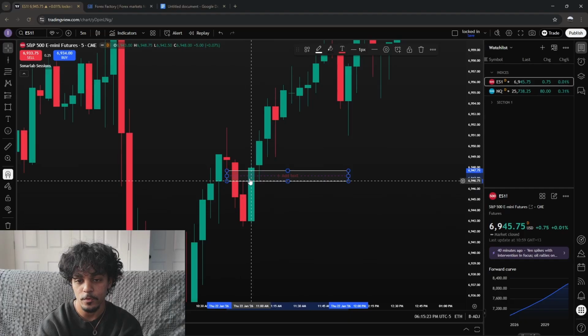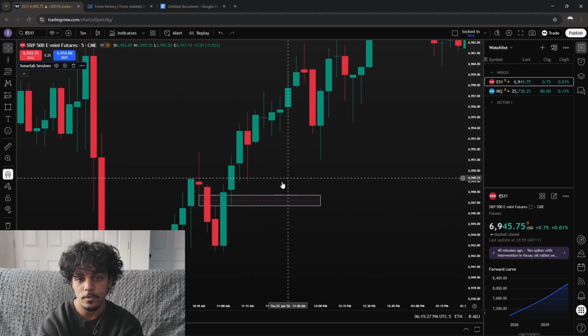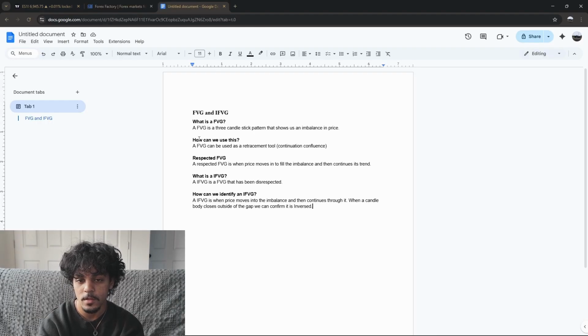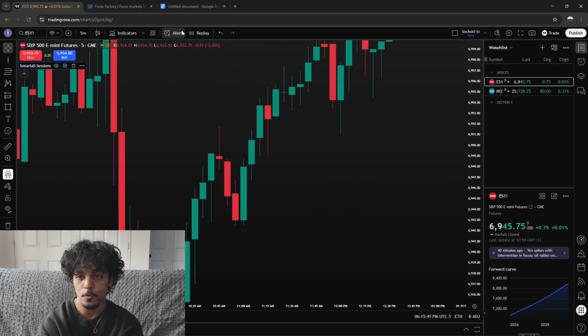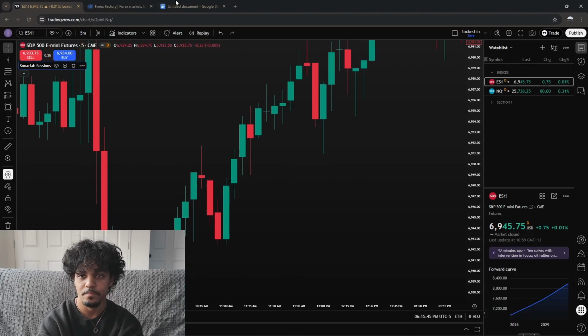That means price moved in, disrespected it, and continued to move through it. So again, that is used as a continuation confluence. That price disrespected it and continued to move through it and away from it.